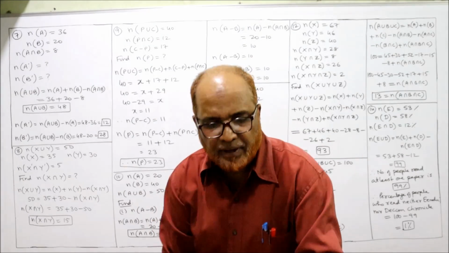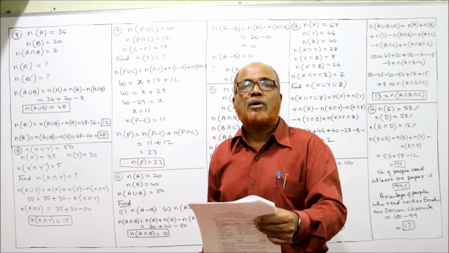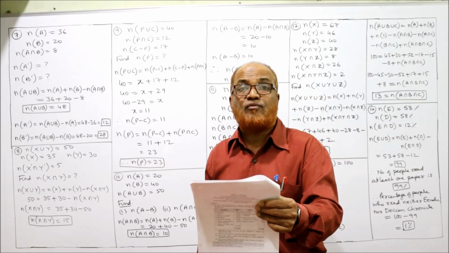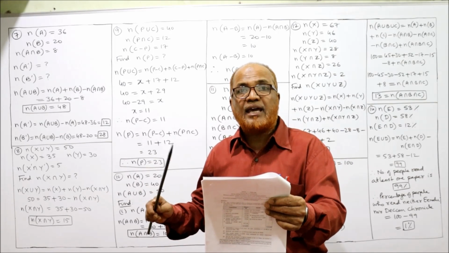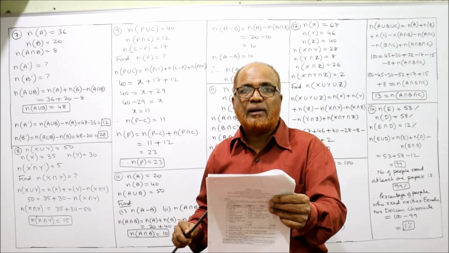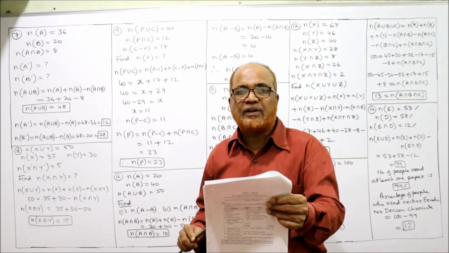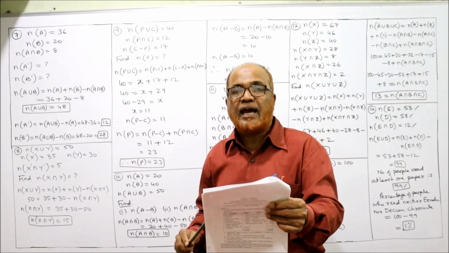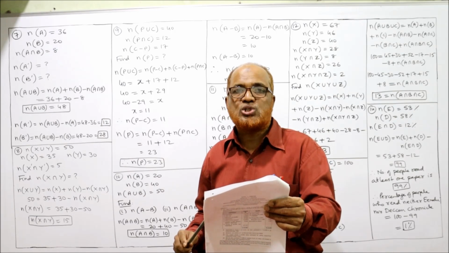Now 10th problem. See the problem number 10. N of A, number of elements in A set, is 20. N of B, number of elements in B set, is 40. N of A union B, number of elements in A union B, is equal to 50. Find N of A minus B and N of A intersection B. So two questions are asked.